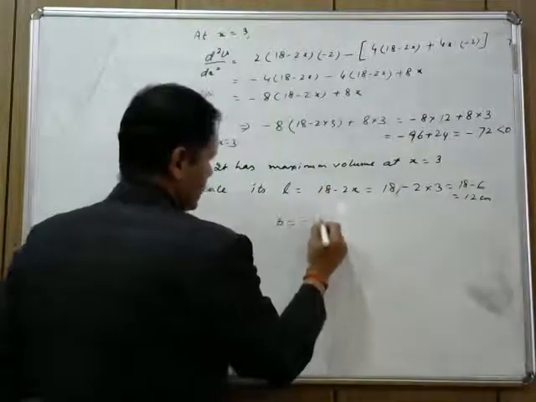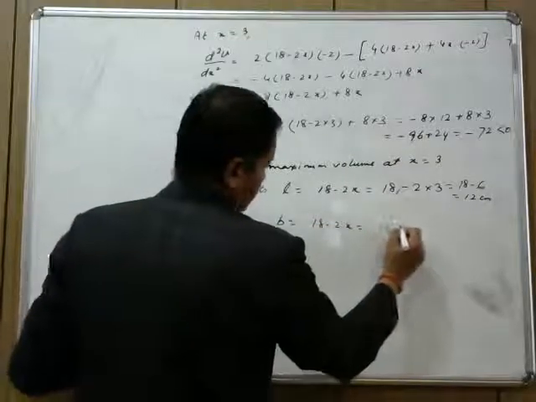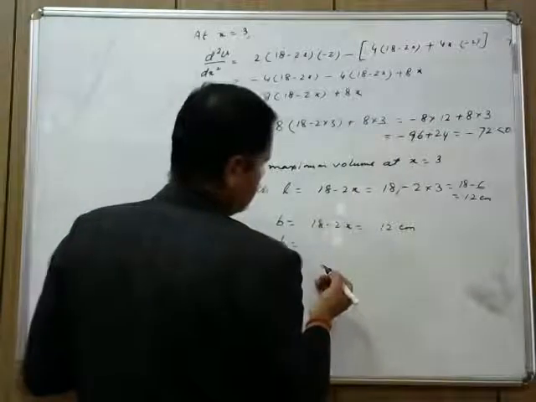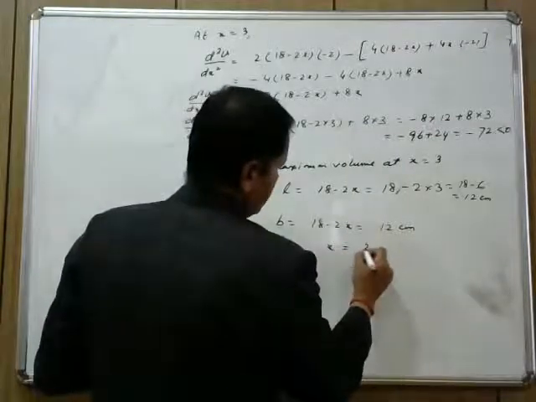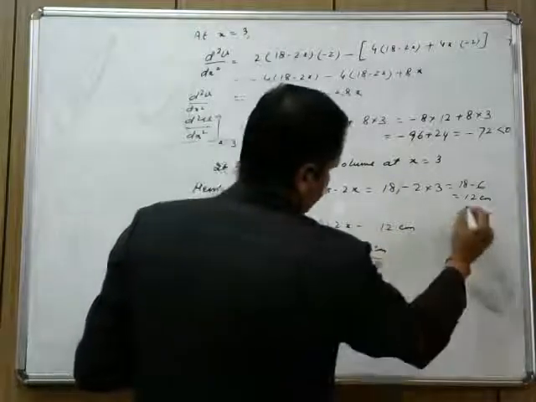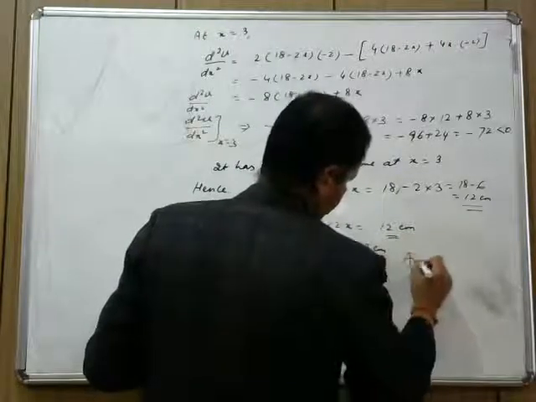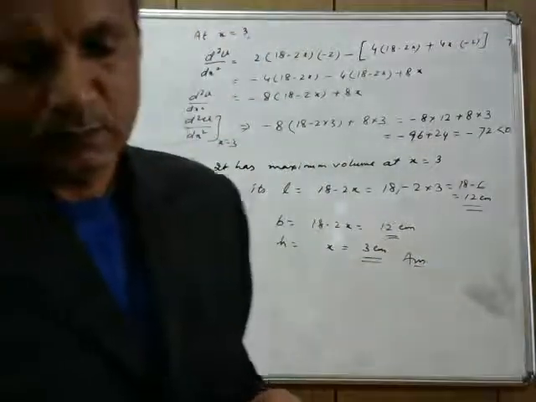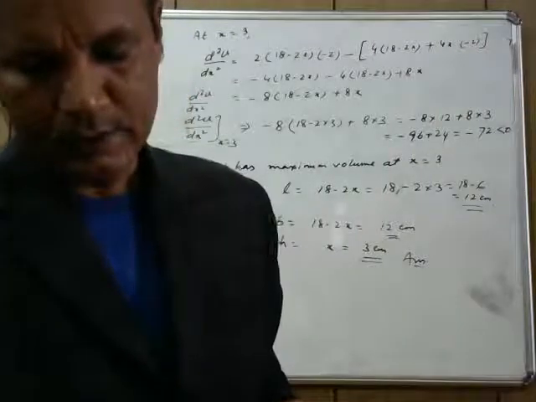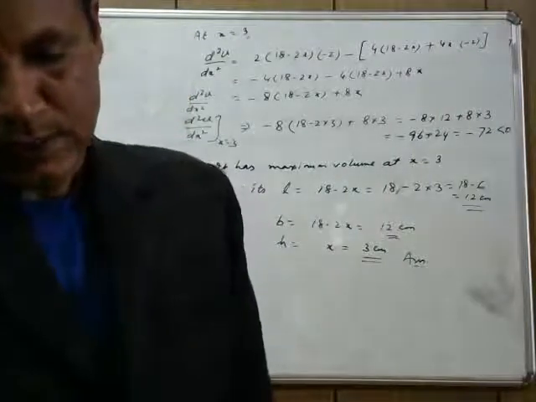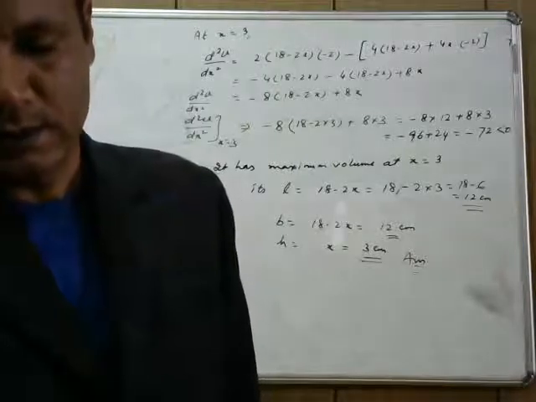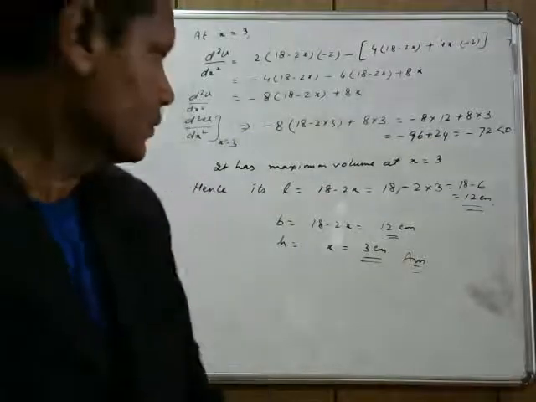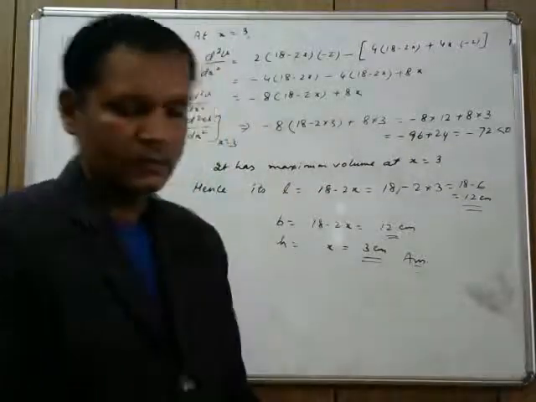Breadth will be 18 minus 2x is equal to 12 centimeter, and the height x will be equal to 3 centimeter. Therefore, this dimension will be 12, 12 and 3. This is the way we will be solving this type of question, right. That's why a square of side 3 centimeter is to be cut off for maximum volume of the box. So this is the way to solve these questions.